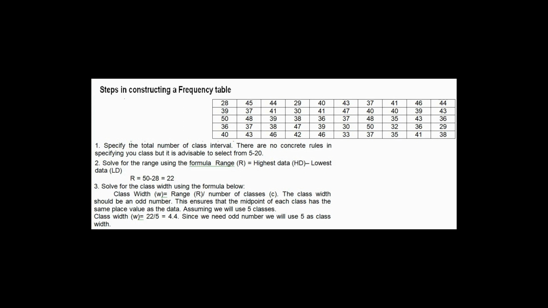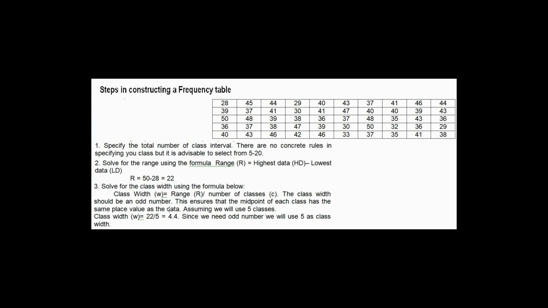Assuming we will use 5 classes, with the use of the formula, class width, represented by W, equals 22, our range from the previous calculation, divided by 5. We've decided that our number of classes will be 5. So 22 divided by 5 equals 4.4.